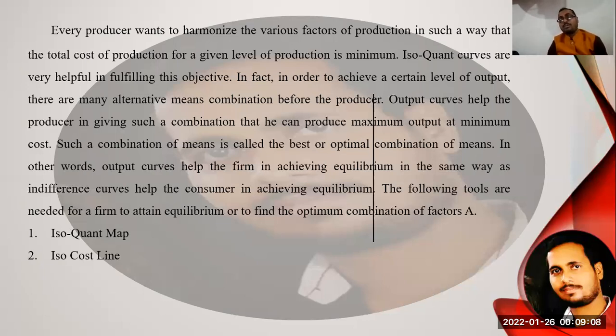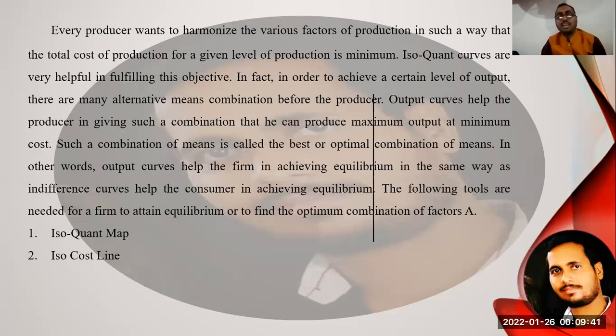IsoQuant curves are very helpful in the fulfillment of this objective, because without the IsoQuant curve we are not able to identify what quantity of output can be obtained by the producer. In fact, to achieve a certain level of output, there are many alternative combinations of means before the producer, by which the entrepreneur gets equilibrium.